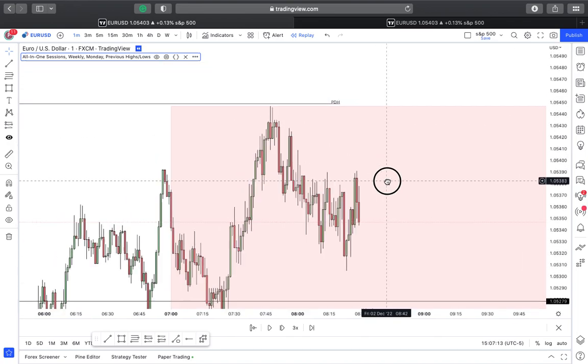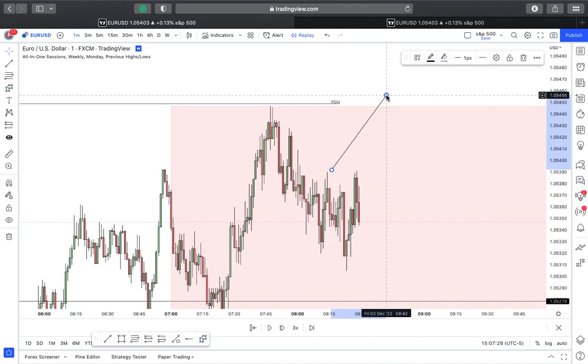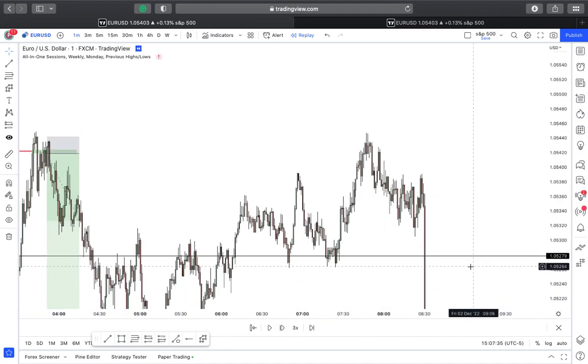So what we were waiting for was to sweep this high and then move. I was anticipating for the NFP to take out this high and then drop. So that does not happen in this scenario, and price dropped.